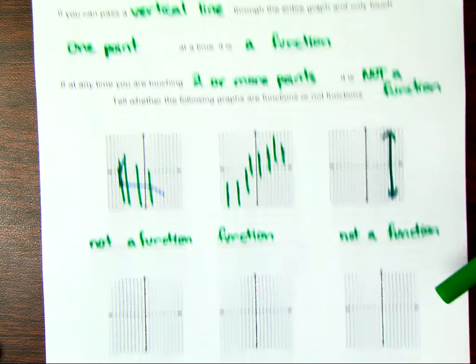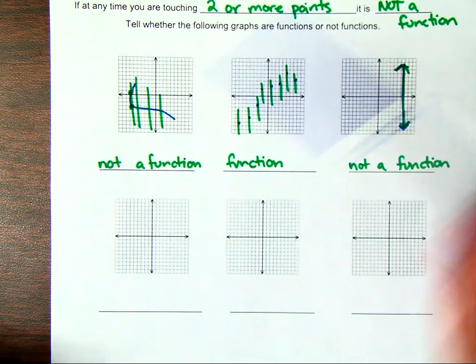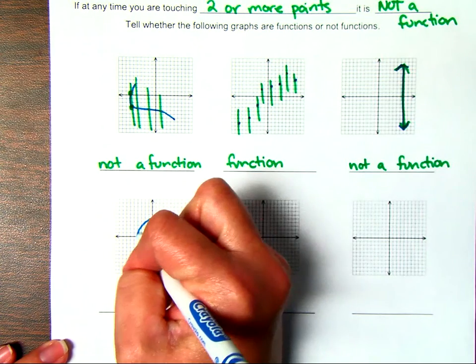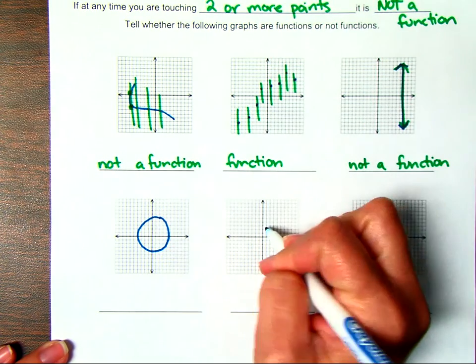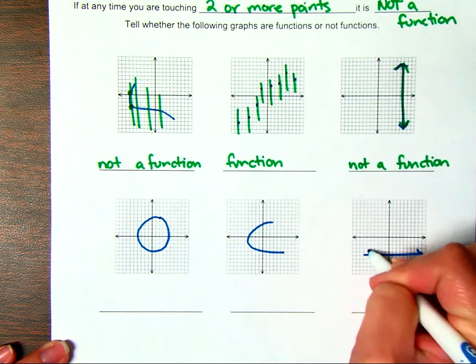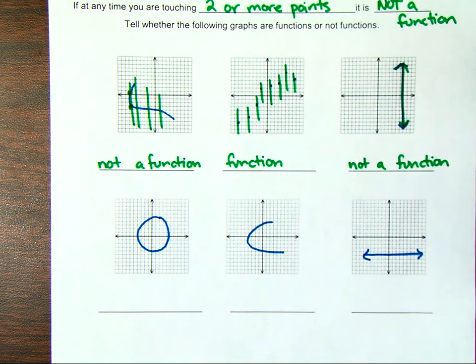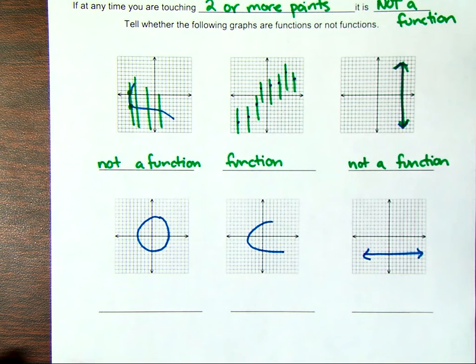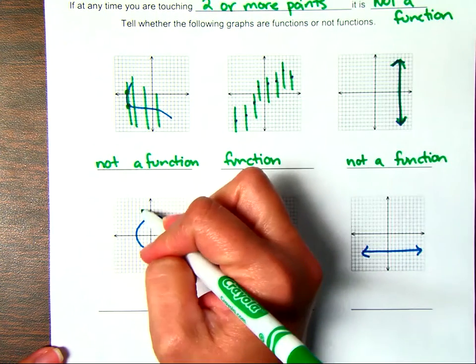Okay, so let's look at a couple more. So if I had, this was my graph, if I had this or this. So I'm going to take my green marker and perform my vertical line test.